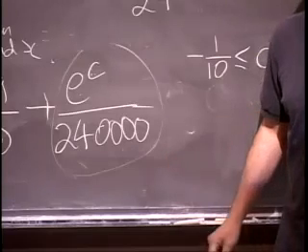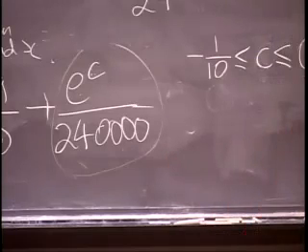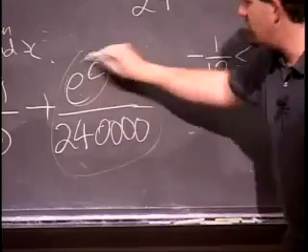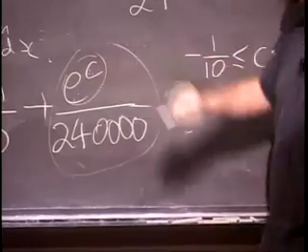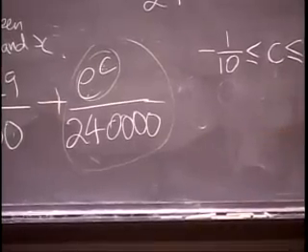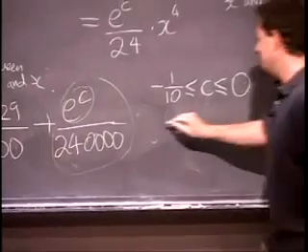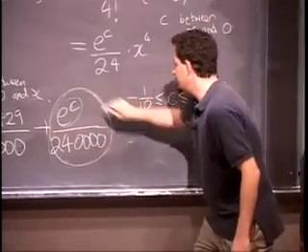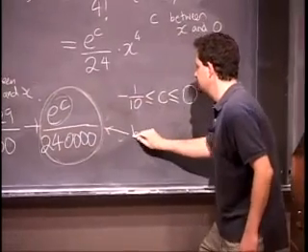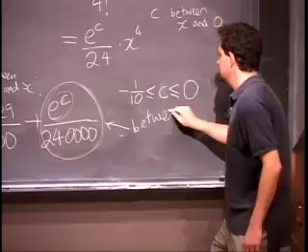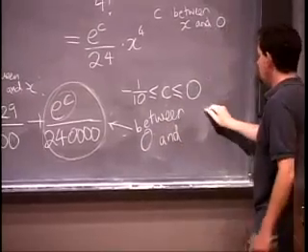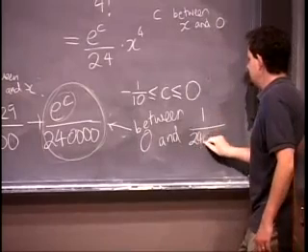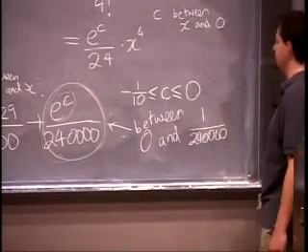Is it still taping? Okay, good. The biggest c can be is 0, so the biggest e to the c can be is 1, since e to the c is increasing. So actually, this error is between 0 and 1 over 240,000.